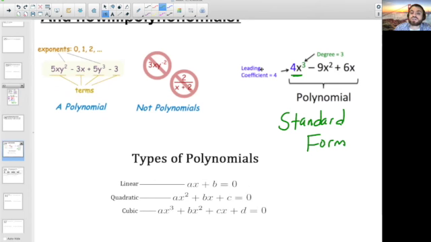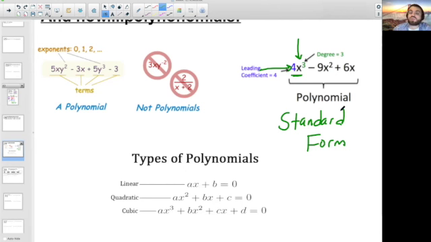Now, some interesting stuff to know. The leading coefficient leads the way. It's the coefficient in front of the biggest power of x, and the degree is whatever that largest power of x is, assuming that the leading coefficient is not 0, otherwise it would not be visible. So it's the biggest power of x that you can see.